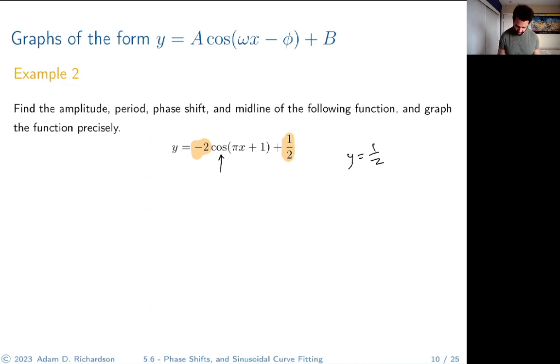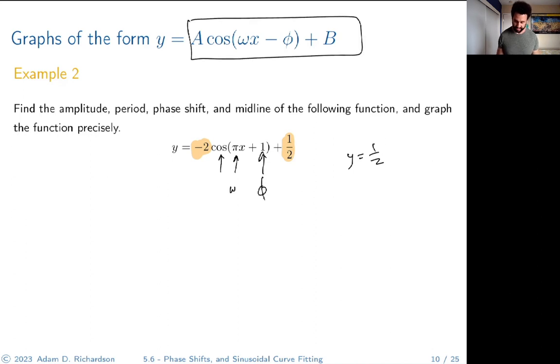Then we see that omega is pi, and that's going to affect our key points. It's going to affect the period, etc. And then this number here is phi, but we have to be a little bit careful. We have to be a little bit careful because if you notice the structure up here in the title of the slide, this sign needs to be a negative sign. So in our case, phi is actually equal to -1, not +1.